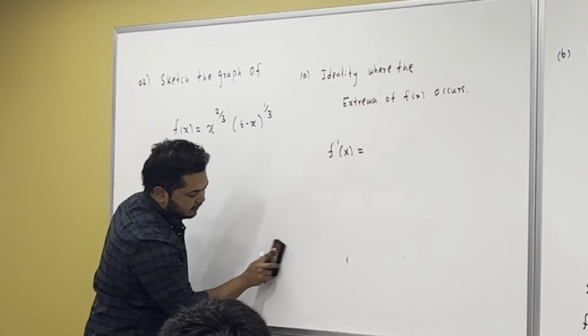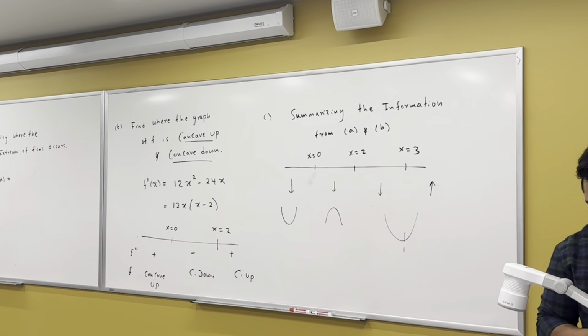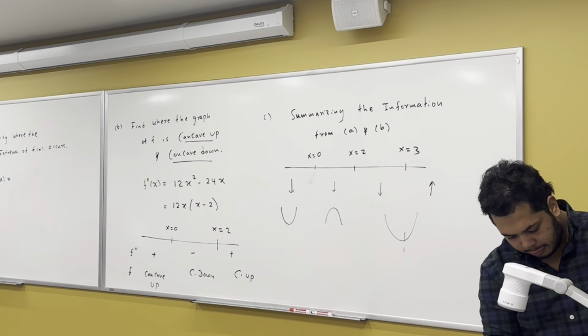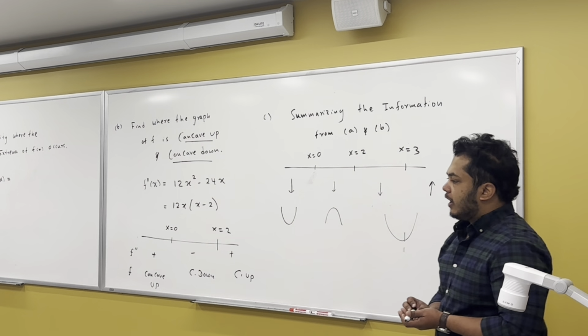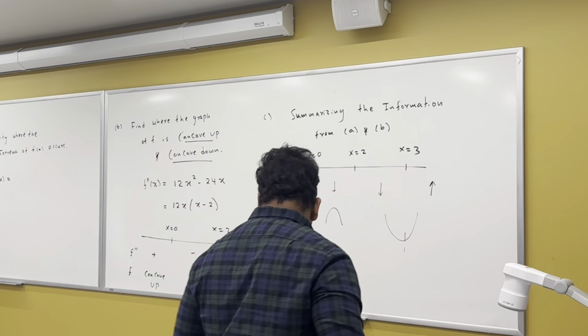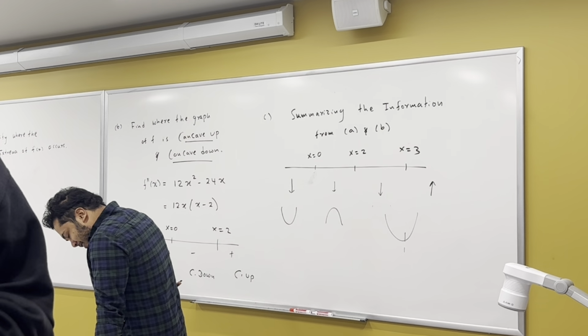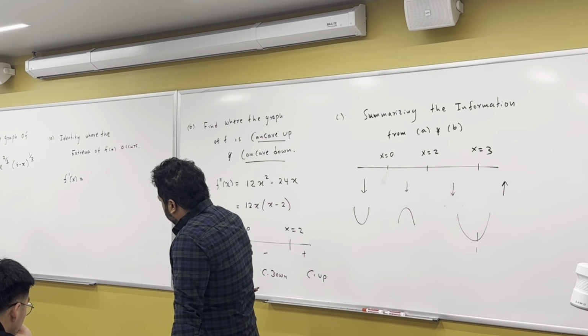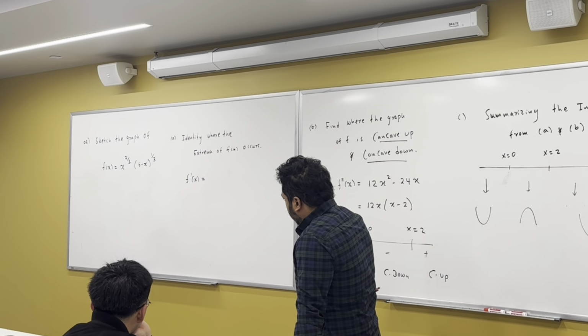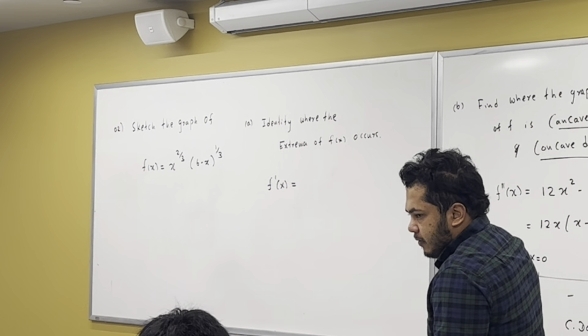This is challenging actually, okay? Because the function is a product and it's radical. It's not a polynomial. Can you try that? So what happens if you take the derivative? x^(2/3)(6 - x)^(1/3). It's a totally different graph.